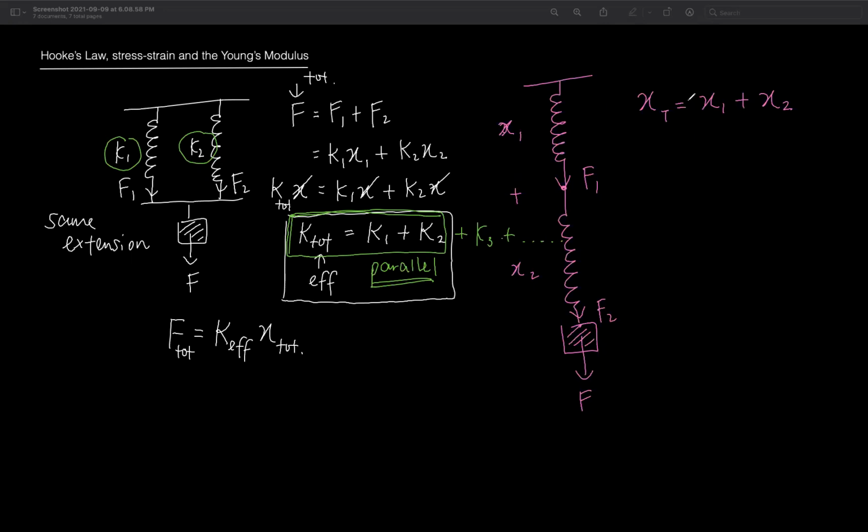Okay, from here, again, X1 is F1 over K1, right? So F equals Kx, so X equals F over K. F1 over K1 plus F2 over K2. But these two are the same, so I can just put F over K1 plus F over K2.